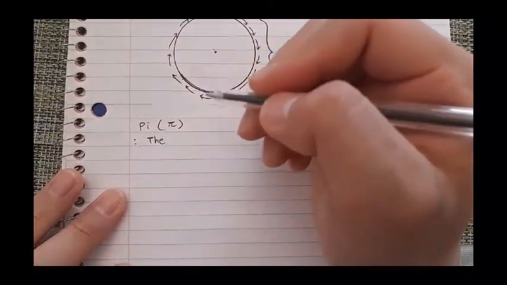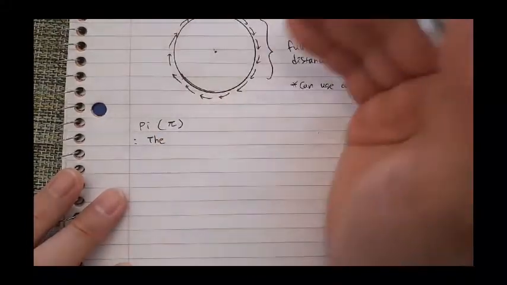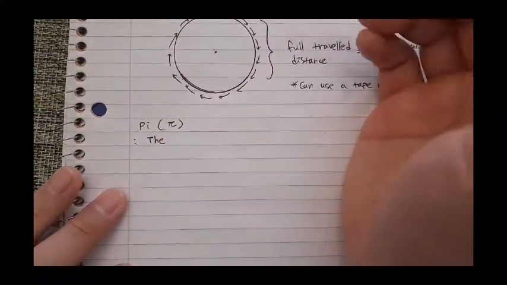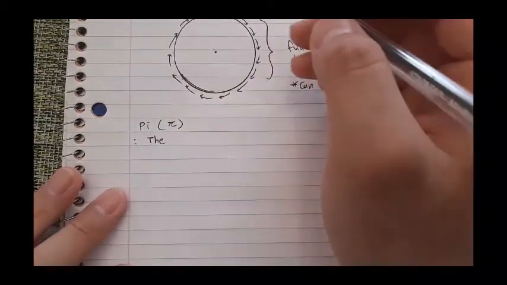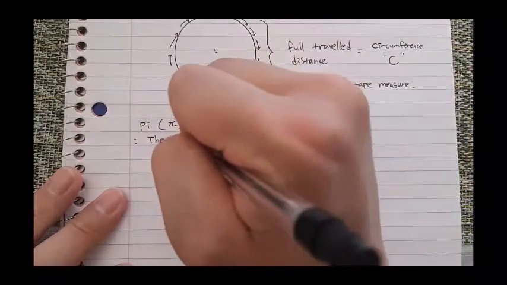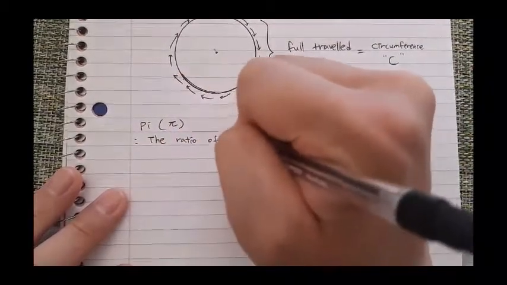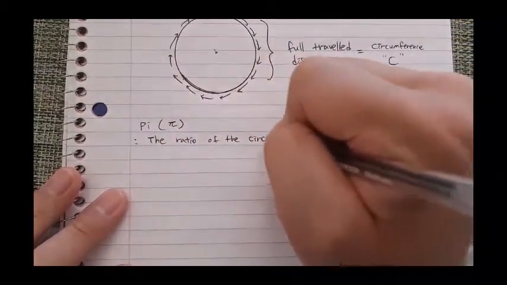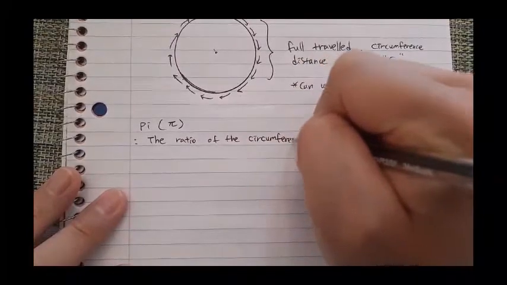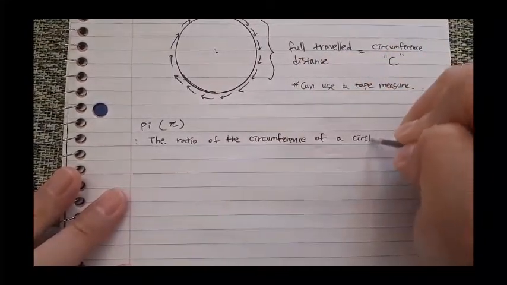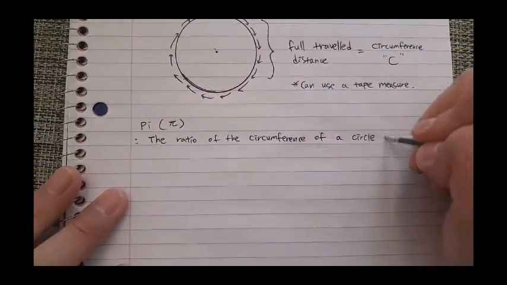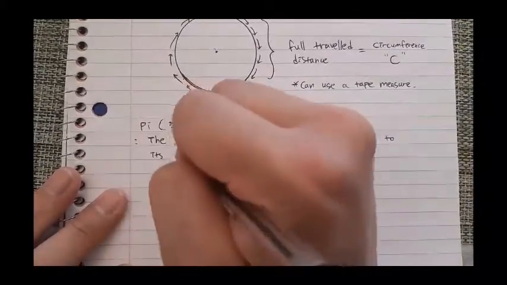You may know 3.14 and so on, but I'm not talking about the number yet. I'll talk about the number later. Pi is basically the ratio of the circumference of a circle, in fact any circle, to its diameter.